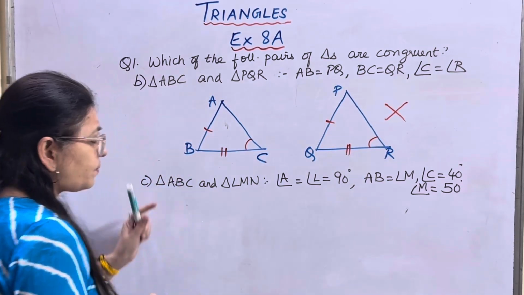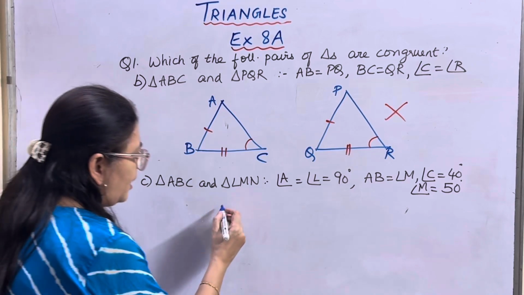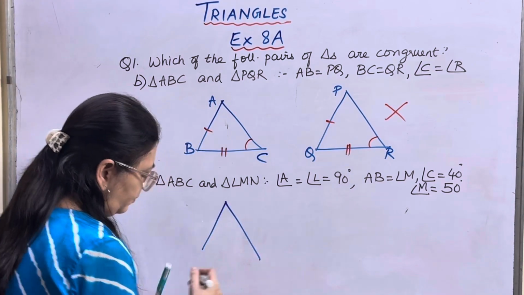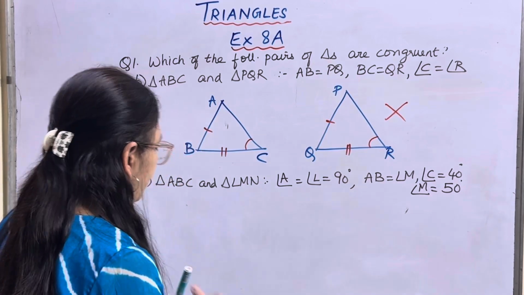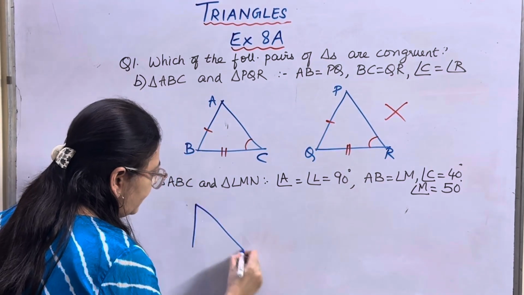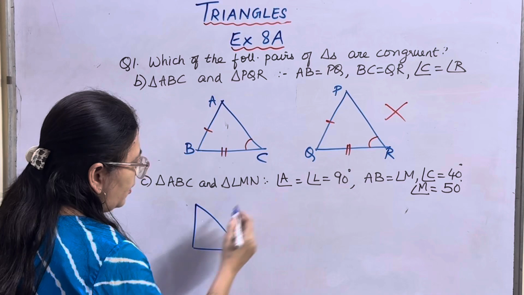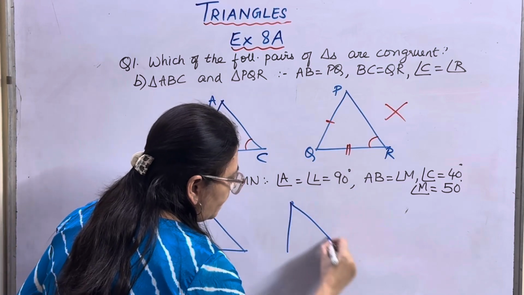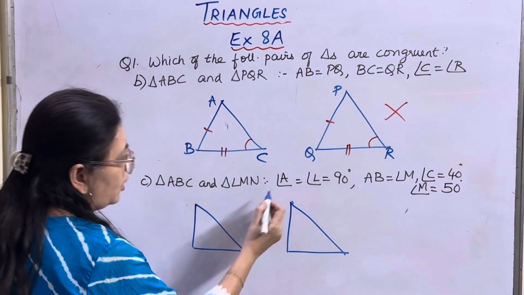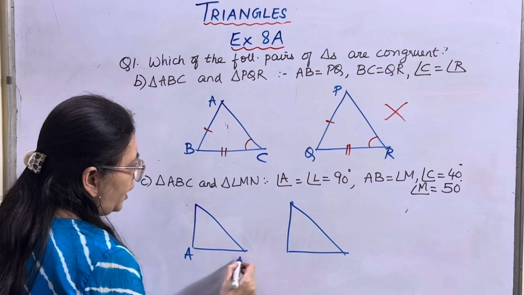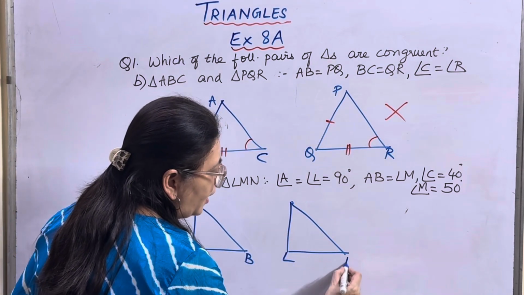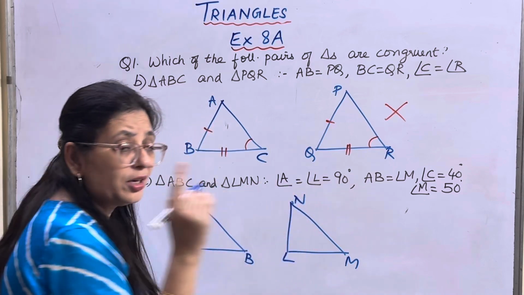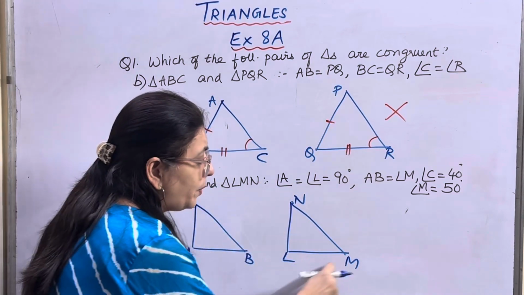Next question. In triangle ABC, let's check. Sorry, this is given as 90 degrees. Triangle ABC. Now A is 90, A, B, C. Here L is 90, L, M, N. Children, whenever you are writing, it has to be in a sequence.